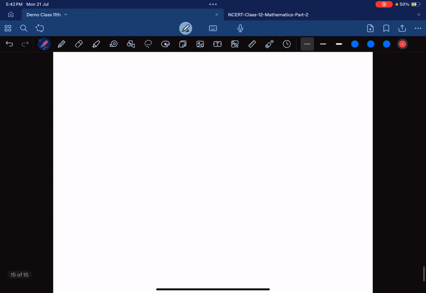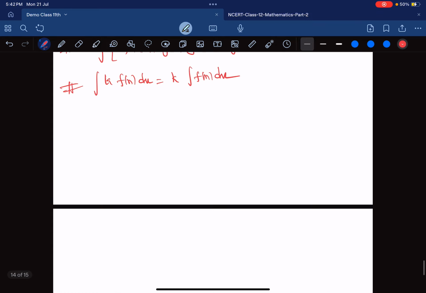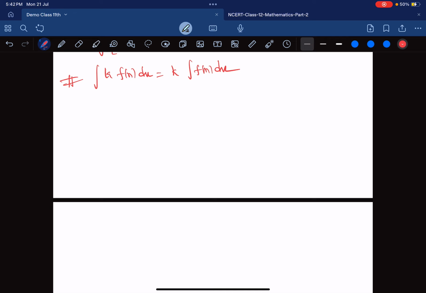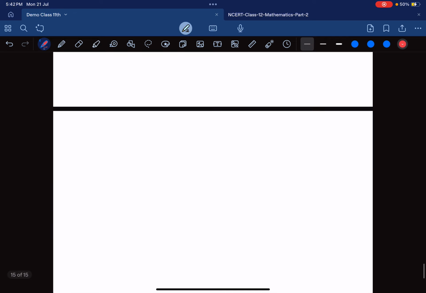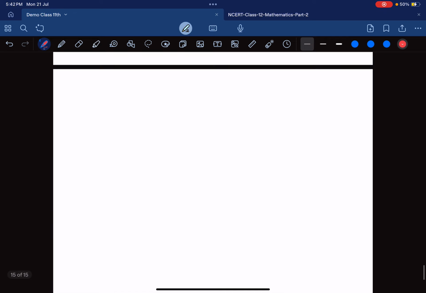Okay, before going to discuss that exercise problem, what is the comparison between integration and differentiation? Comparison between differentiation and integration.